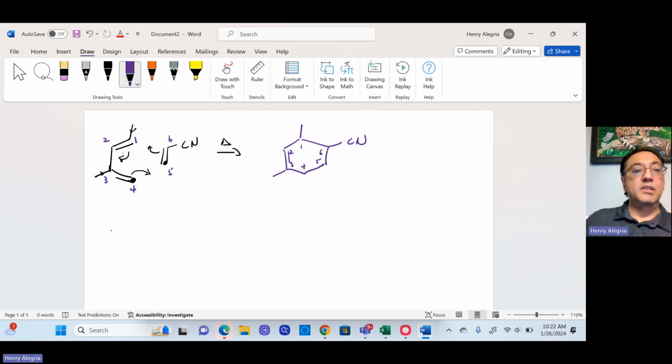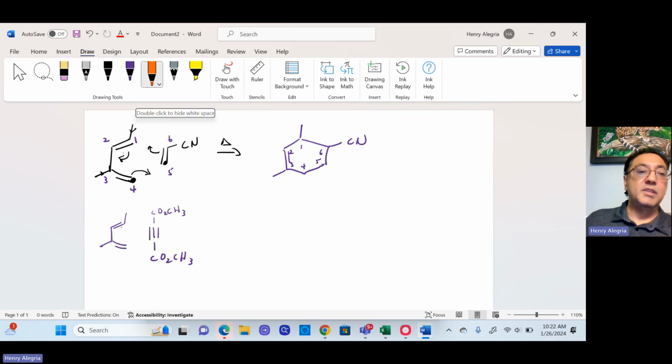If I start off with the same, let's say, just to give another quick example here, and let's say that I was starting off with this, which is itself symmetrical. So if that is symmetrical, there's no one way versus the other. So again, let's keep tabs. Let's say 1, 2, 3, 4, 5, and 6. So 4 reaches to 5, 6 to 1, and then the 5 electrons move over.